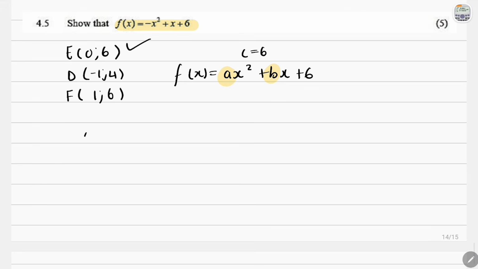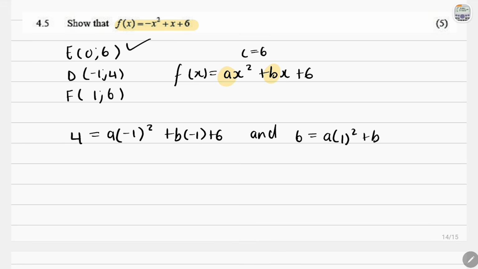So substitute -1 and 4 first, and we would get 4 as our y value is equal to a multiplied by x, which is -1, all squared plus b times -1, and then plus 6. And then here we would substitute 1 and 6. So in place of y, we substitute 6 is equal to a times 1 all squared plus b times 1 plus 6.